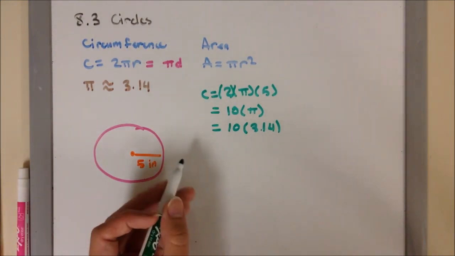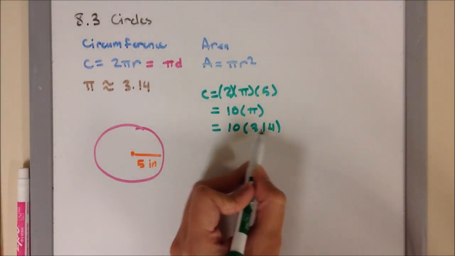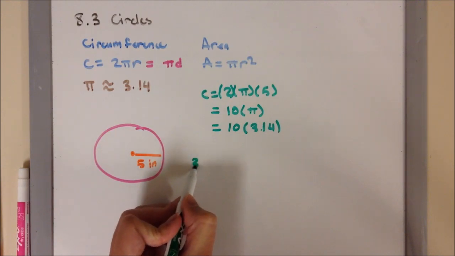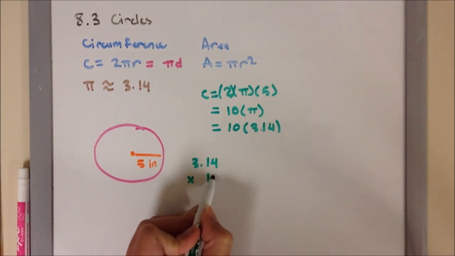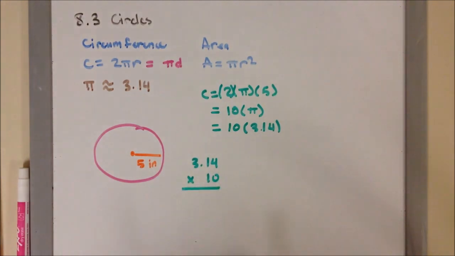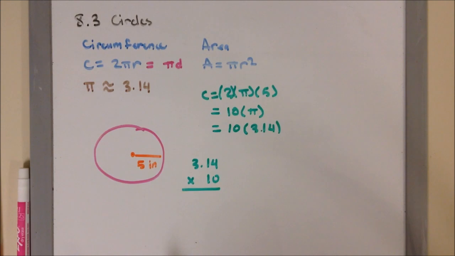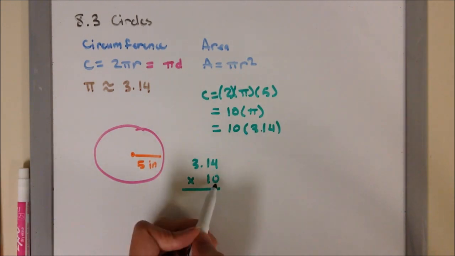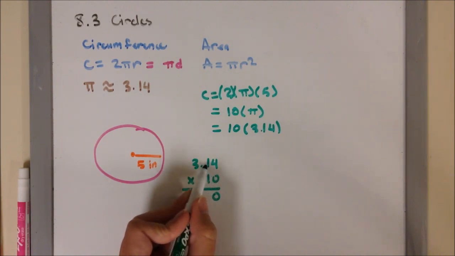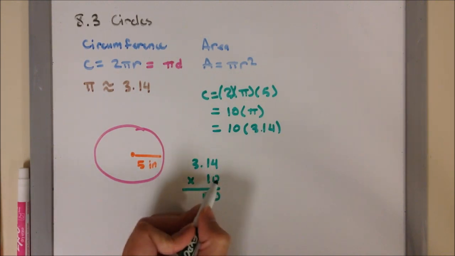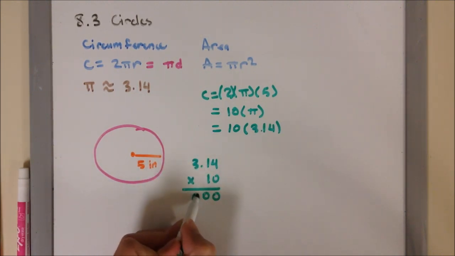First, I'm going to set up my decimal because it has 3 digits, so 3.14 times 10. Just like the basic work of multiplying real numbers, I'm going to start off with the 0. 0 times 4 is 0. 0 times 1 is 0. 0 times 3 is 0.